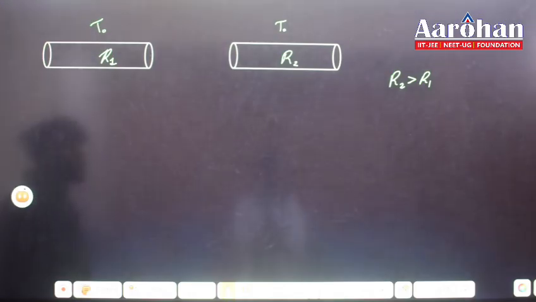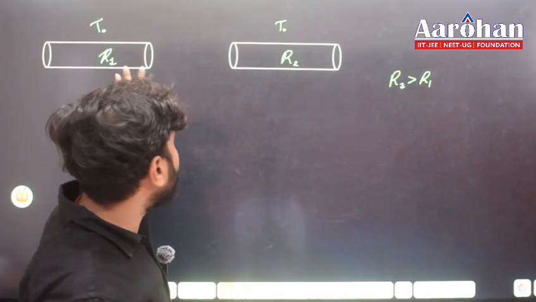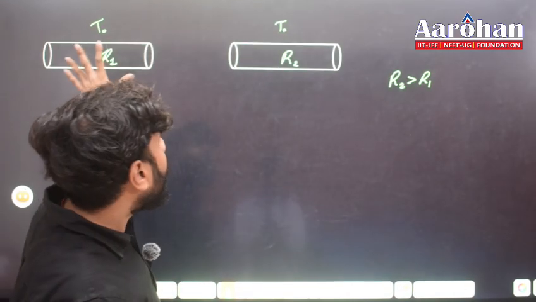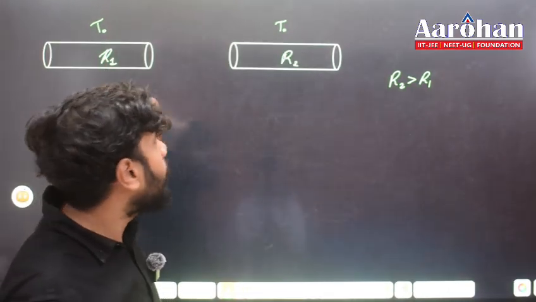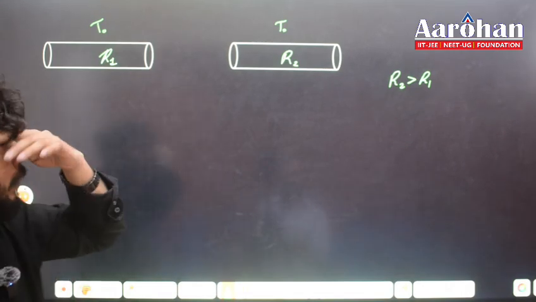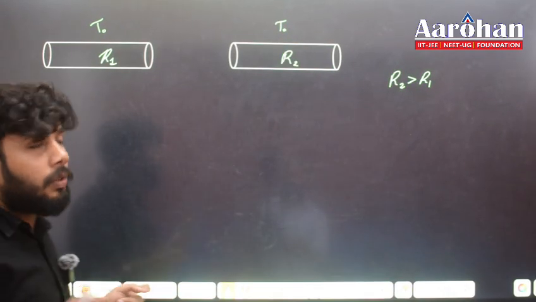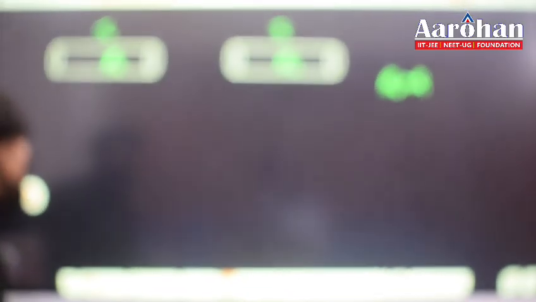right? So if we have two materials, pick them from the same set. It is not necessary they should be the same material, but if this is a conductor, then this also should be a conductor. You can think this is copper and this is silver. Again, one more thing you should know, silver has the least resistivity. Even it has lower resistivity compared to gold.